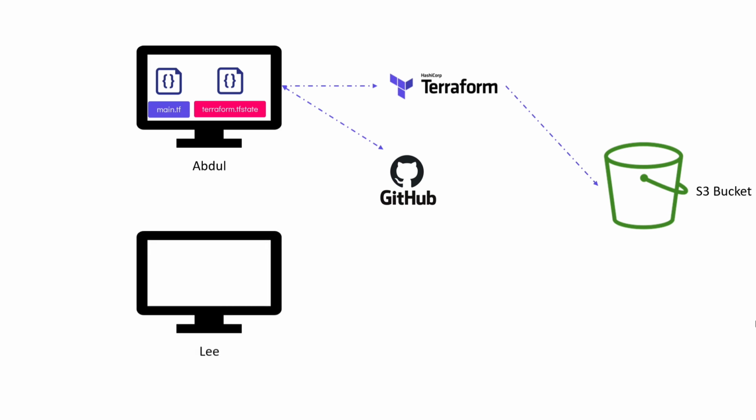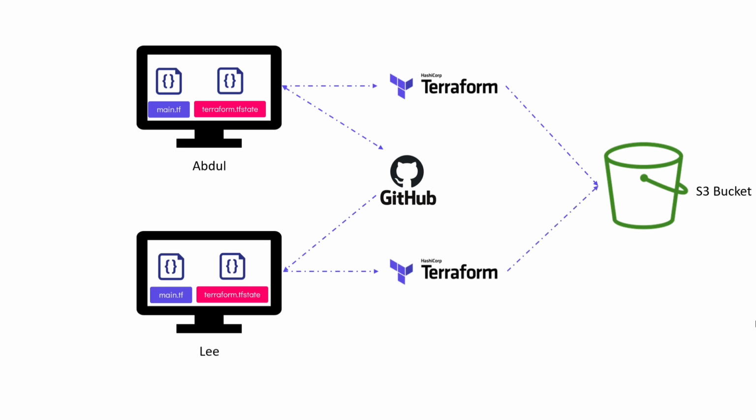The logical way would be for Lee to pull down the Git repo into his own client machine. He would then follow the same process as Abdul to make changes to the infrastructure, make changes to the configuration as needed, review the execution plan, and then apply the configuration. Once applied, he would make sure to push the updated configuration and state file into the remote Git repo.